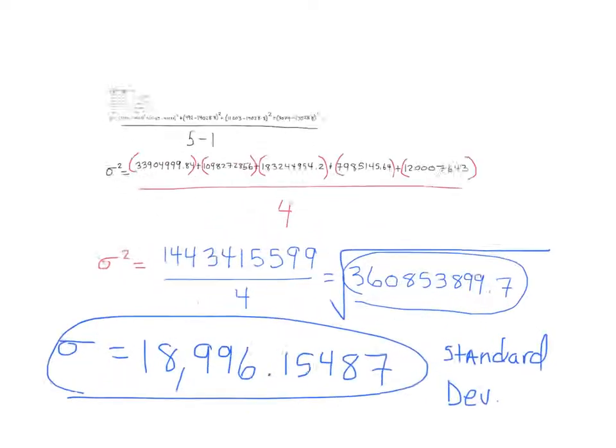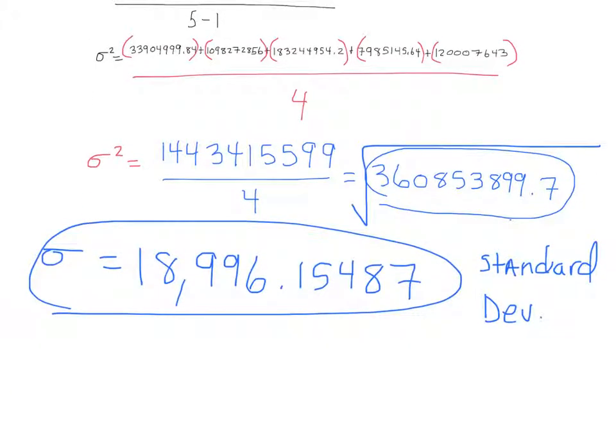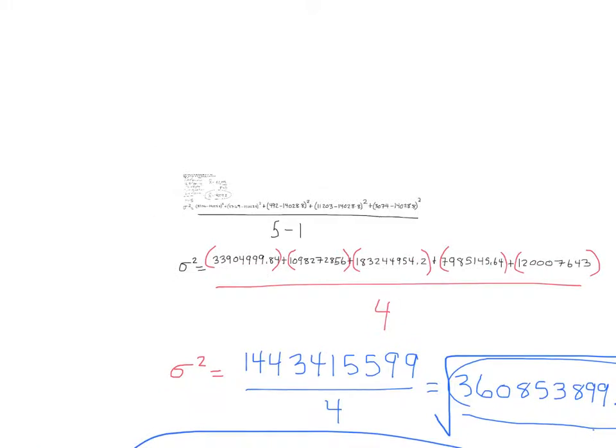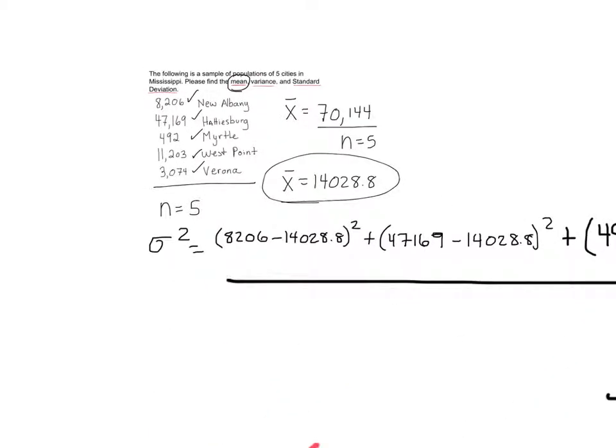So on the screen right here, you can see I've got my variance right here. I've got my standard deviation right here, okay? And then up here, I had my mean. Now we said my standard deviation sigma is 18,996, and they want us to round to one place past the decimal, so that'd be 0.2.